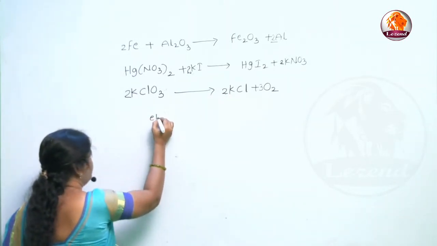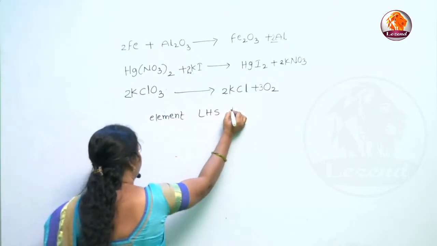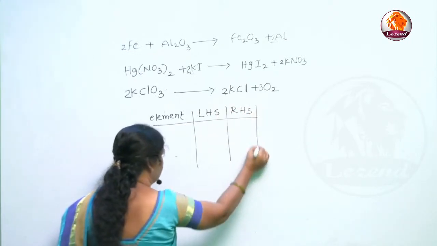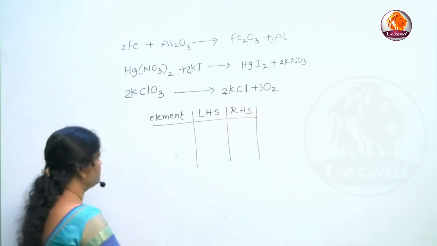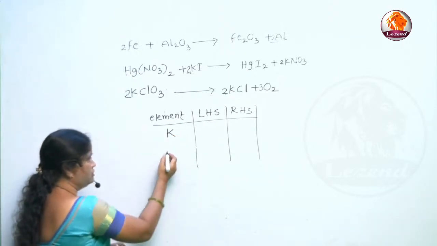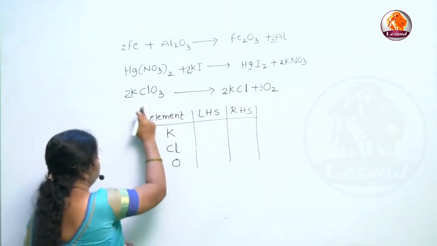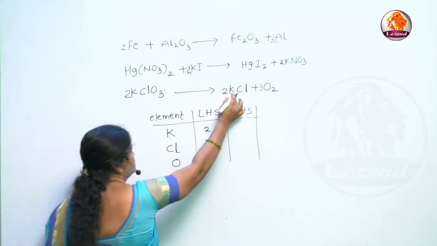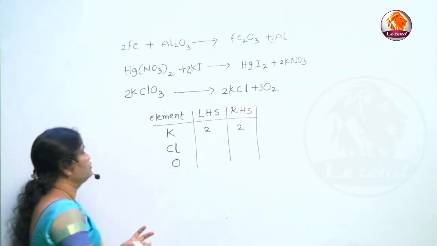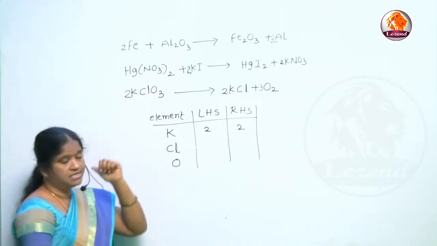What are the elements involved in this chemical equation? We can verify after doing the balancing whether the atoms of each element on both sides become equal or not. The elements are potassium, chlorine and oxygen. Potassium: left side 2 atoms, right side also 2. Chlorine: this 2 applies to the atoms of each element in the compound, so 2 potassium atoms, 2 chlorine atoms, and 2 3s are 6 oxygen atoms.